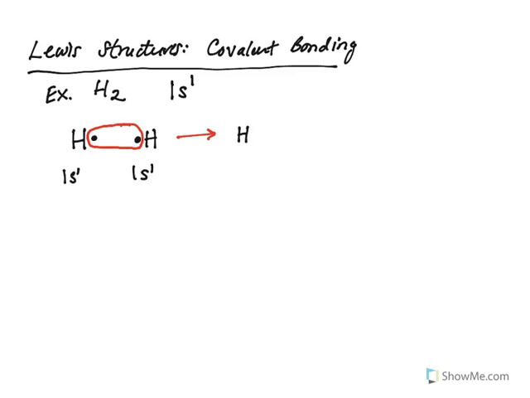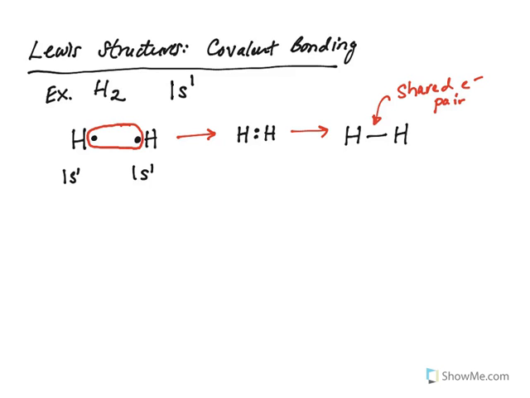I could draw the hydrogen and show two electrons as dots between the atoms. Or I could also show that instead of showing the electrons as a pair, I could show them using a straight line. So when we do that, this line right here represents a shared electron pair.